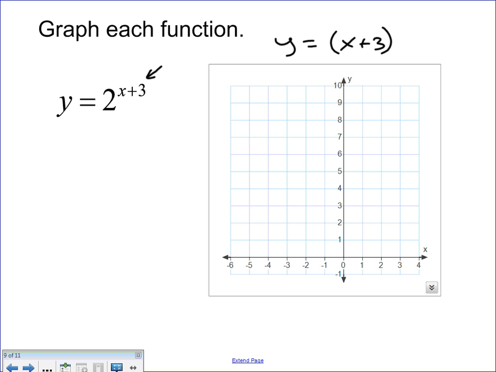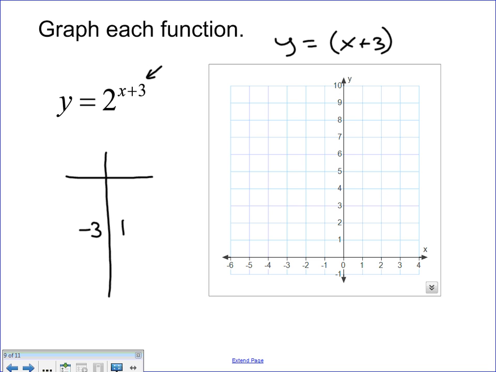Okay, so let's take our little table and always start off with x equals 0. But now with 0, what would I get? If I put 0 plus 3 here, I would get 3. But I don't want it to be 3. I want it to be 0. So I'm going to start off with negative 3. Negative 3 gives me an exponent of 0, which makes that 1.